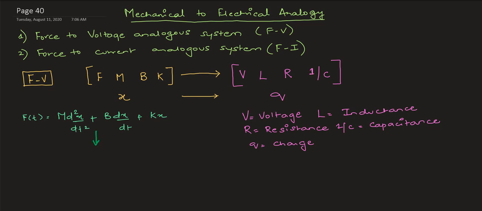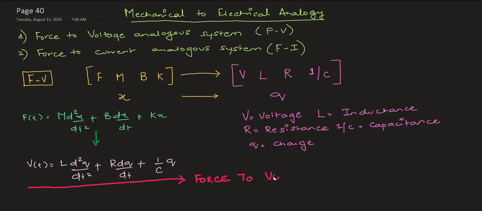In order to understand mechanical to electrical and electrical to mechanical control systems, you need to obtain analogous circuits. You need to obtain some analogy which represents the equivalent of mechanical systems in electrical form and vice versa. Good. Here we are only seeing the mechanical to electrical, but we also have electrical to mechanical, which we are not going to be discussing here.